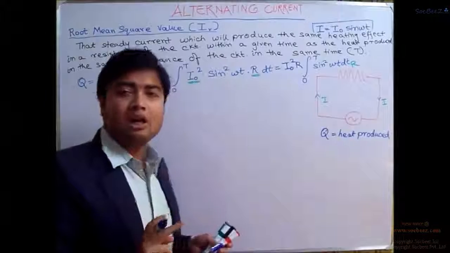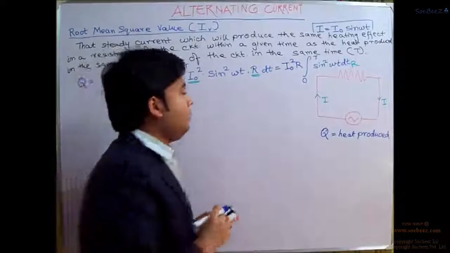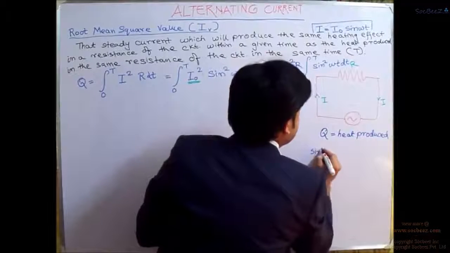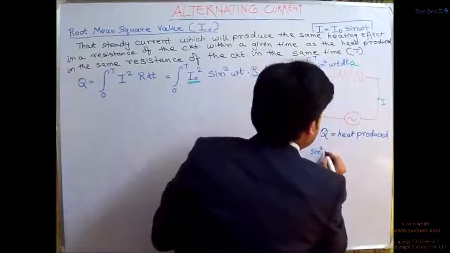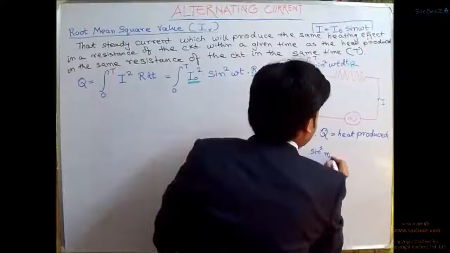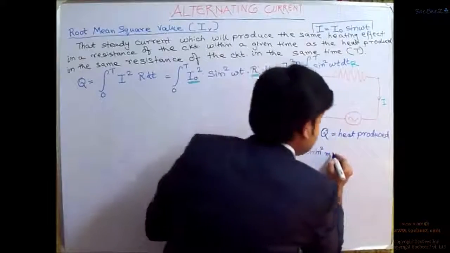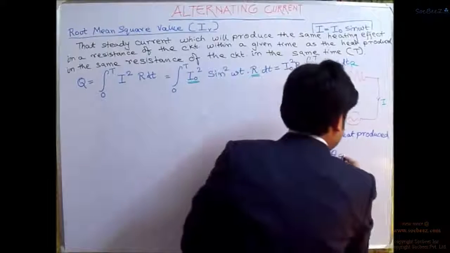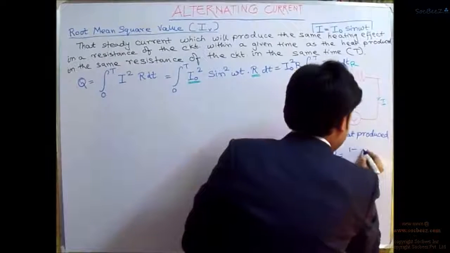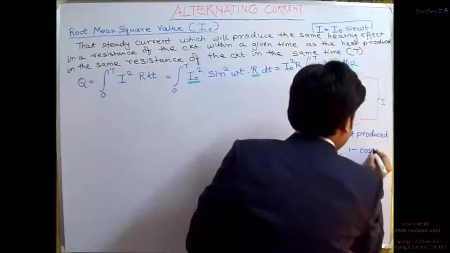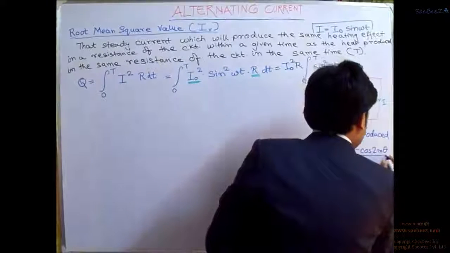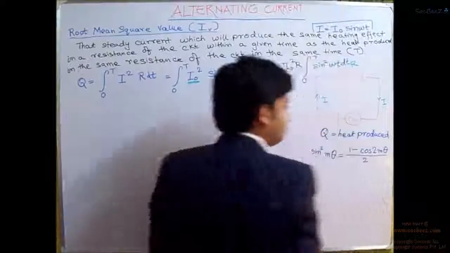Now, from trigonometry, we know that sine square of, if we take this as theta, is equal to 1 minus cos of 2 theta divided by 2.